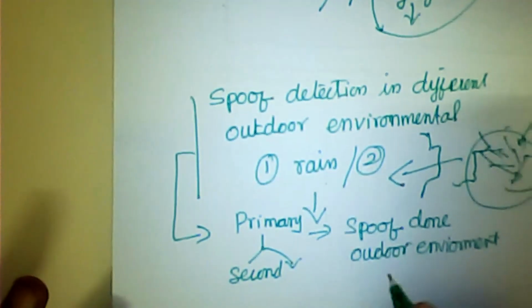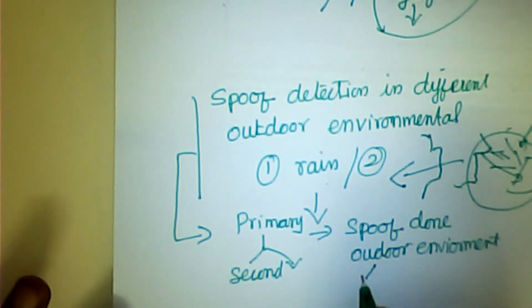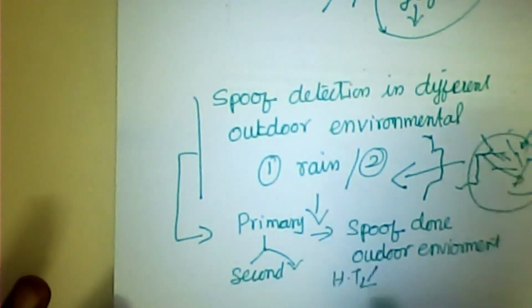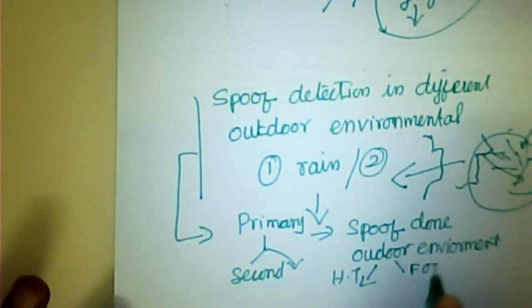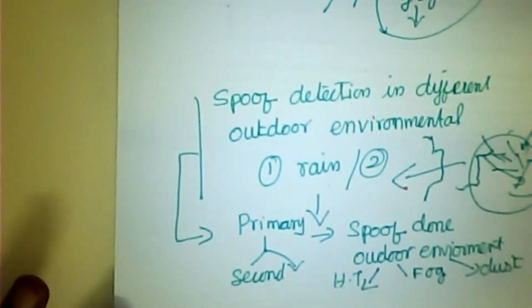And the secondary contribution is, for example, high temperature, fog, or dust, the road region, and so on. So the outdoor environment is the main thing, and it is supported by the secondary parameters.